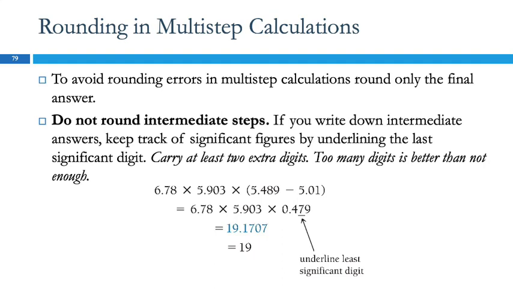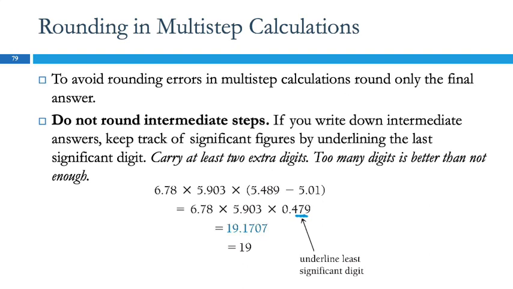Well, they already did. Never mind. So I'm underlining the second sig fig, the second decimal place, because that's what the rule for subtracting tells me. If I was just doing this part and this was the answer, it'd be 0.479, and then I would round it and call it 0.480. 0.48.